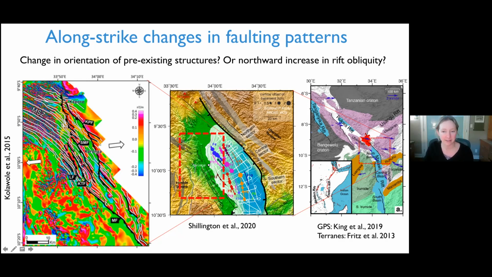And so perhaps that contributes to a larger amount of intra-rift faulting and less displacement on the border fault. Another possible explanation is that we have a change in the orientation of the basin along strike, where perhaps it's a little bit more oblique in the north than in the south. And so that might be another contribution.